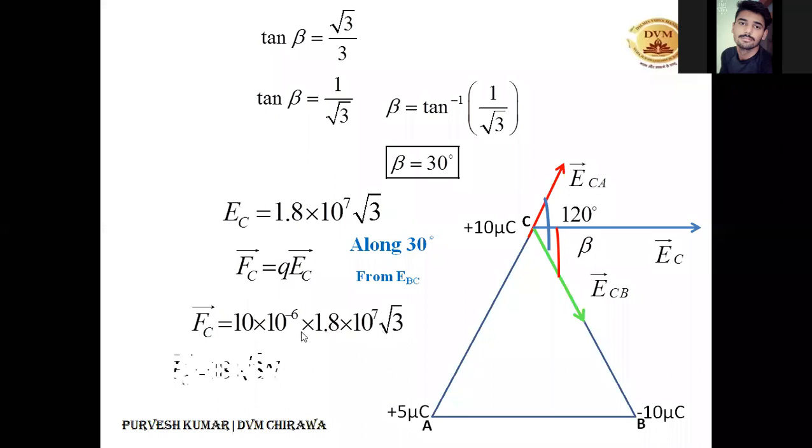Solve it up, you are left with 180 root 3 Newton. The direction of this force is along the electric field, because in this formula only electric field is the vector, Q is a scalar. So the direction is 30 degree from ECB. This is the same result that we obtained in the previous one.